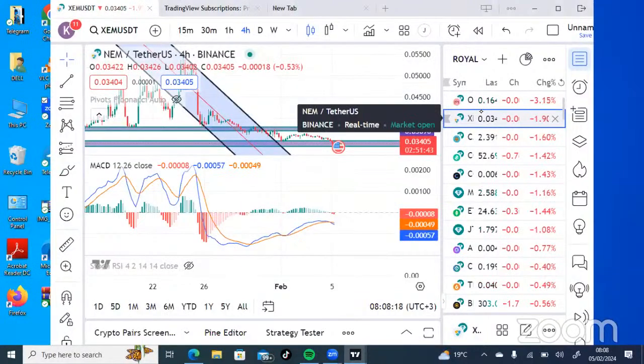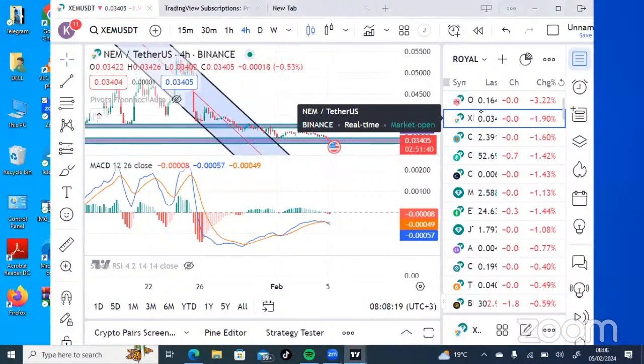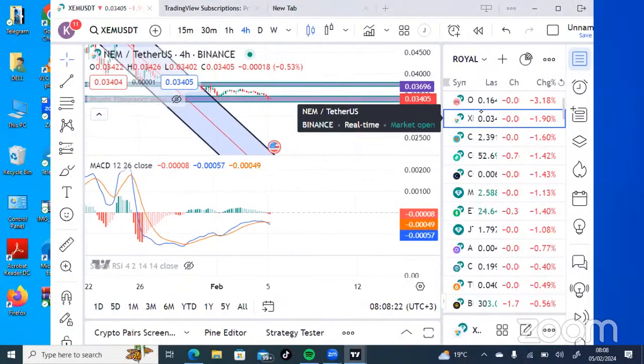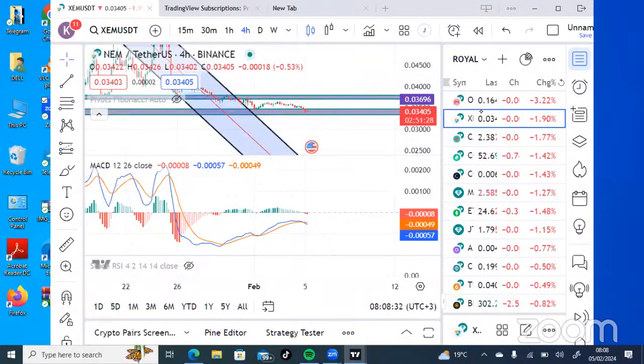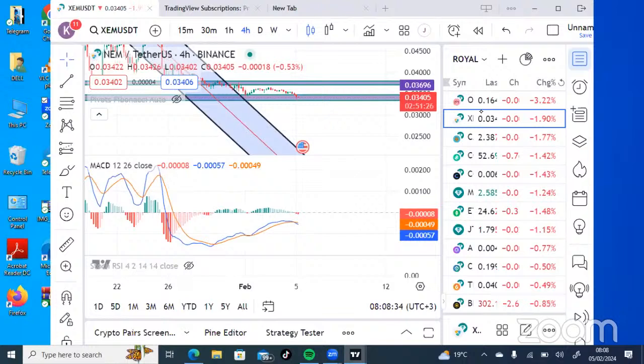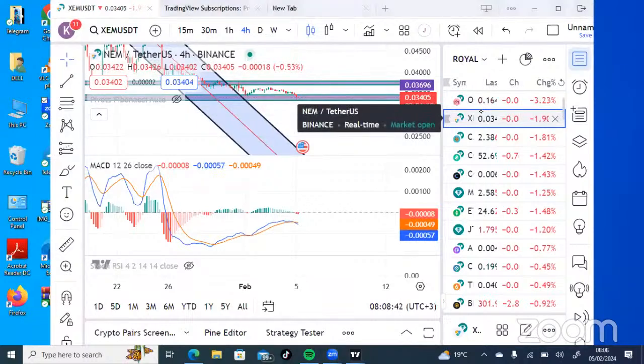Like for example, when we traded this coin called XM, it has refused to return. In fact, it seems that we are still going to float more, because when I look at this crossover here, this coin is going to continue the downside.